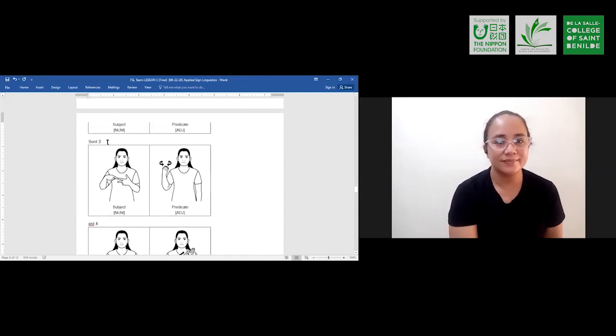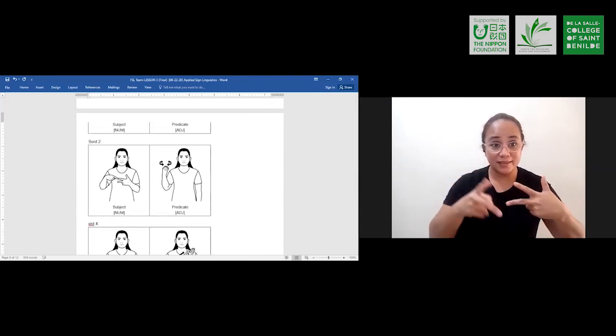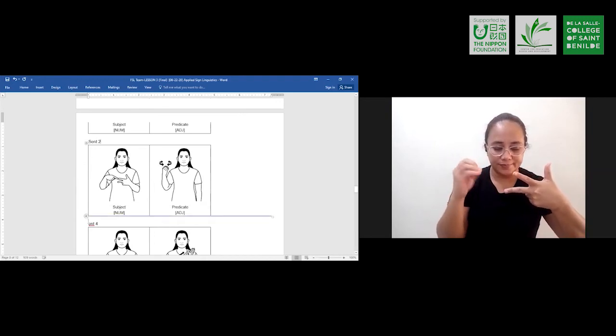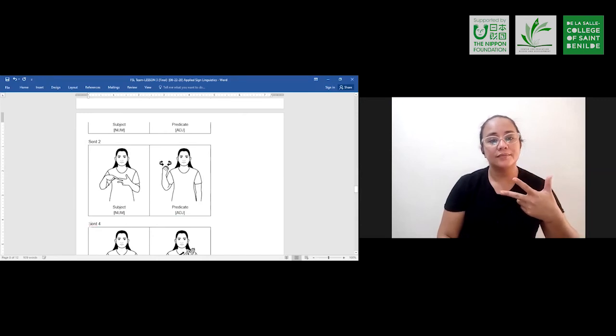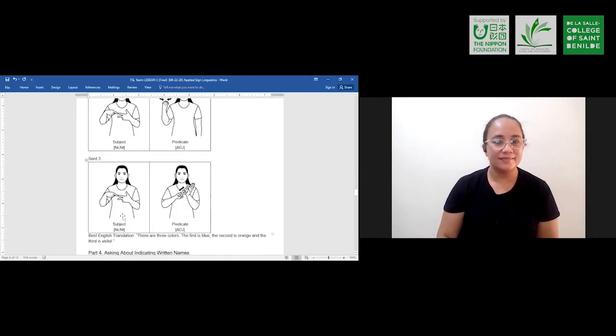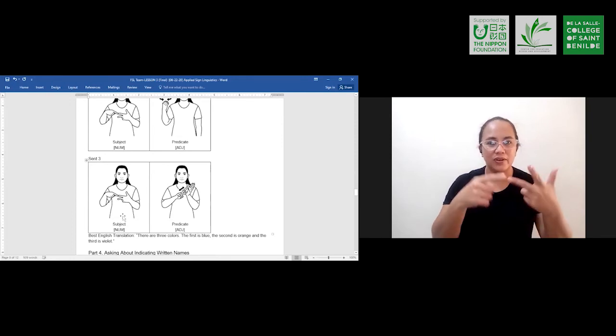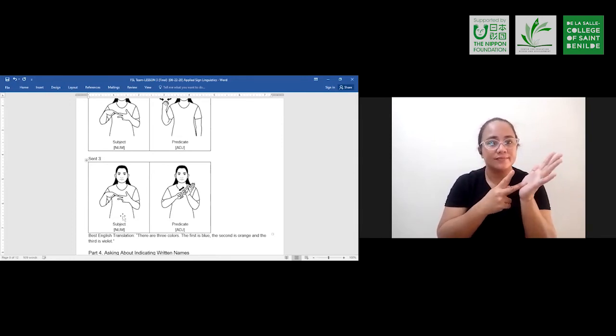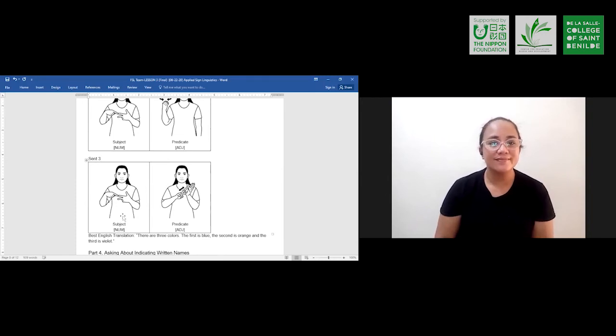Second sentence is, the second is orange, and the third is violet. This is not the right sign, but the third is violet.